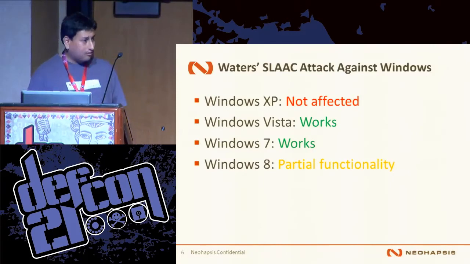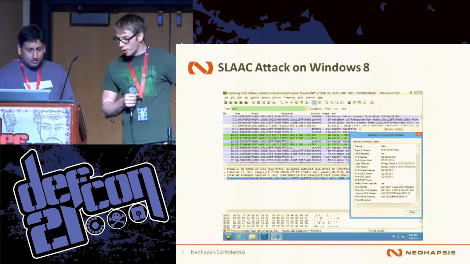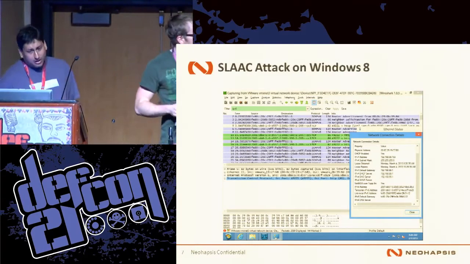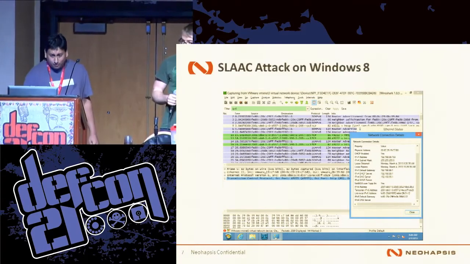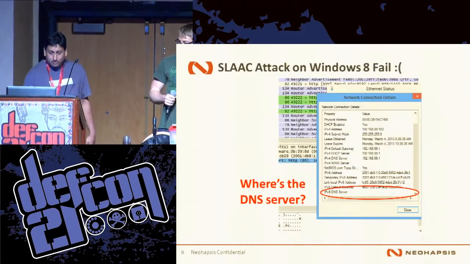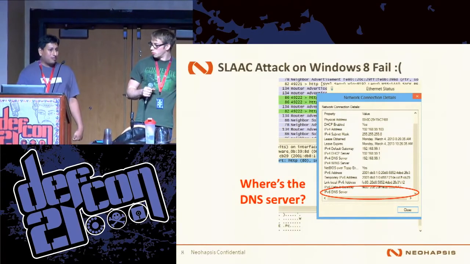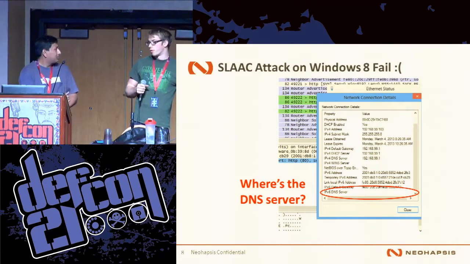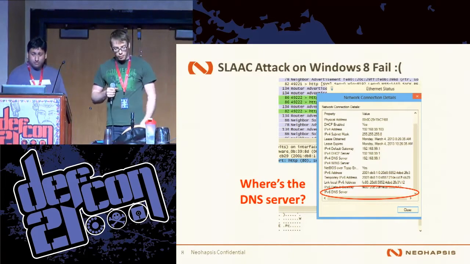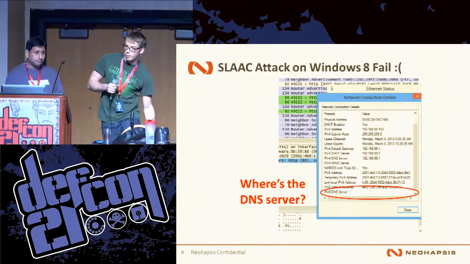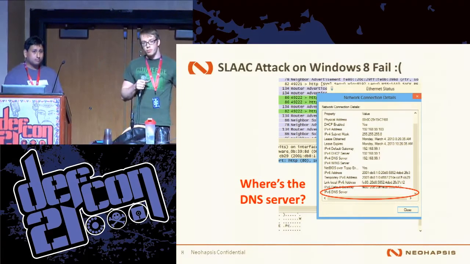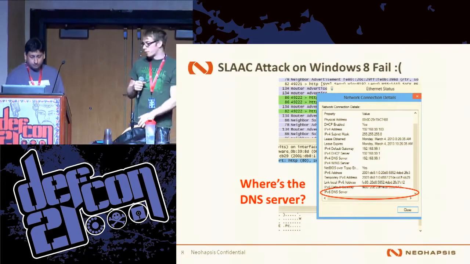Although it might be difficult to see in the next screenshot, we have some IPv6 router advertisements, but Windows 8 no longer accepts the DNS server setting through Slack alone. So when we run into that issue, it tries to make a request, does not get a DNS response, and then falls back to IPv4, which is a technology known as Happy Eyeballs, and we'll touch on that later in the presentation as well.